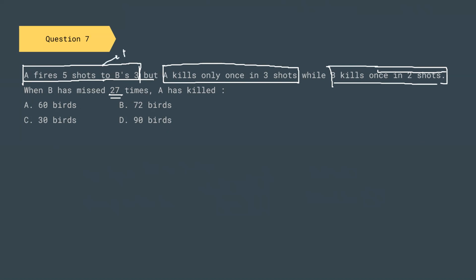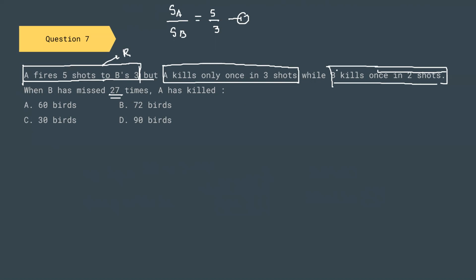So this is a ratio. Let us suppose that SA is the number of times A has shot and SB is the number of times B has shot. So this will be 5 is to 3. This is our first equation. Fine. This is the ratio. Now they are saying that B has missed 27 times.